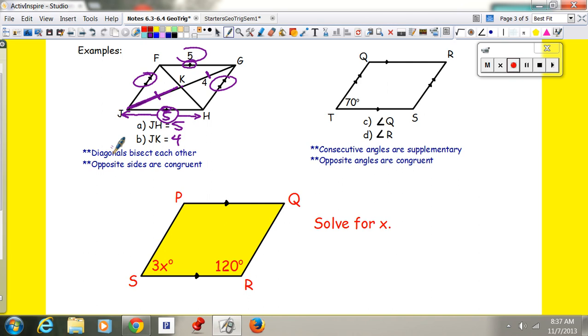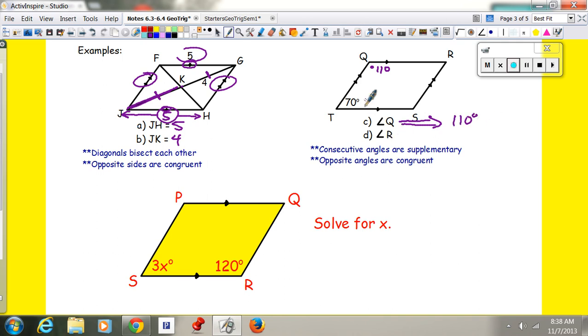What about angle Q over here? Angle Q is up here at the top. Is it 70 the same? Does it look like an acute angle up here? No, it's got to be 110. What do we know about angles that are next to each other? Got to equal 180. That's 110.